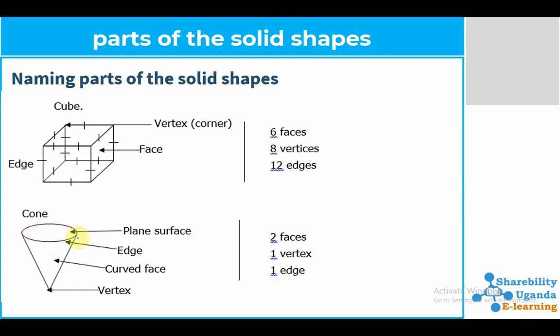They may also tell you to find the area of the curved face, so you should be able to know which is the curved face on the cone. Likewise for our cube, they can tell you to find the volume of a certain part, like a face. So you should be able to understand and know what to answer.